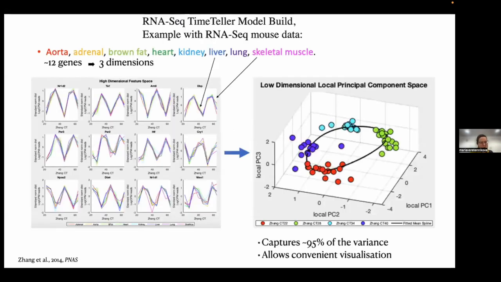Okay, so what do we do with this training data set? We have 8 different organs, and we look at the core clock genes.